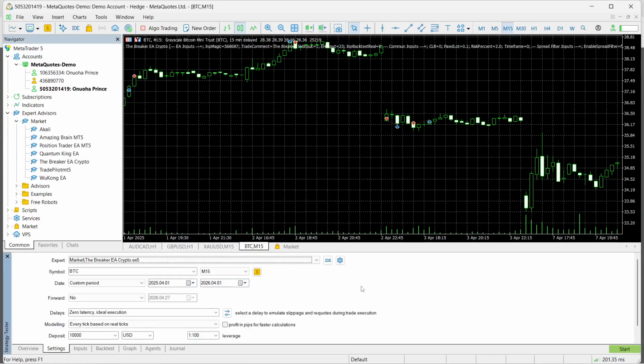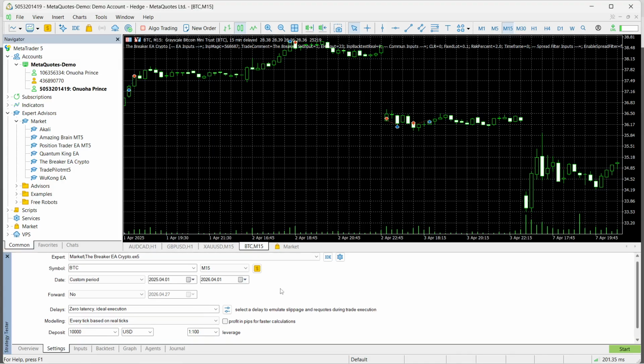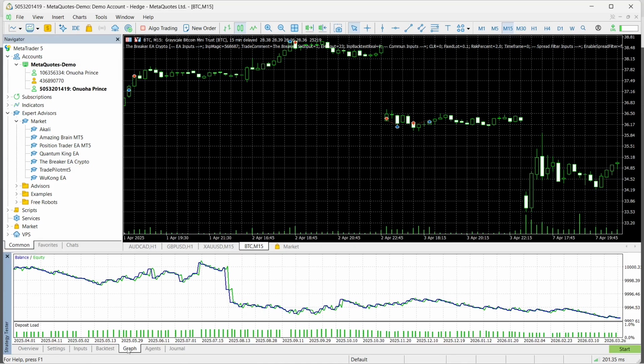Alright, so I had the opportunity of running this EA on the recommended pair BTC on the M15 time frame for the custom period of a year ranging from the 1st of April 2025 to the 1st of April 2026. All right, for this, I got the following results. Let's take a look at the equity curve first.